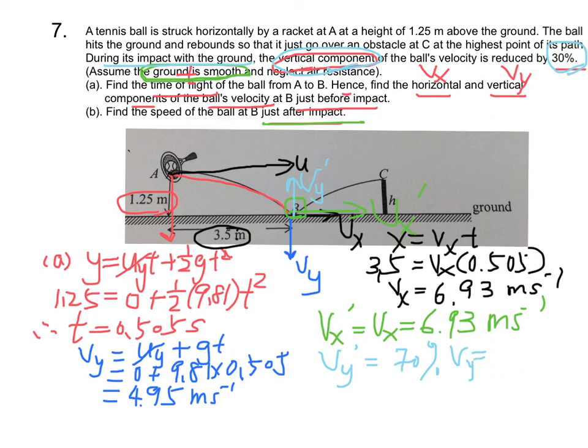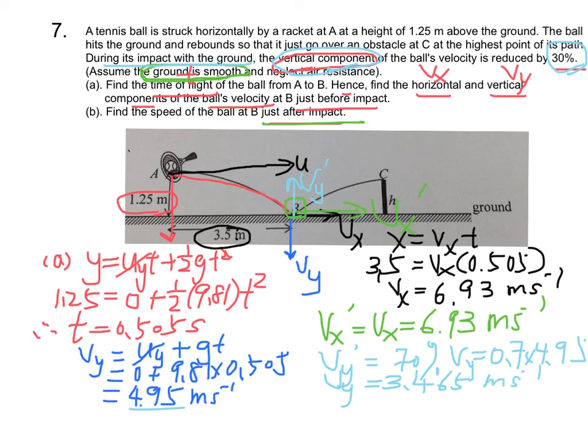Vy' equals 0.7 times 4.95, which is equal to 3.465 meter per second.